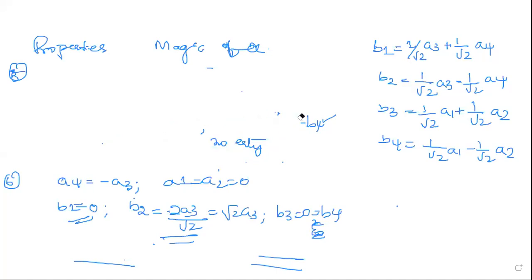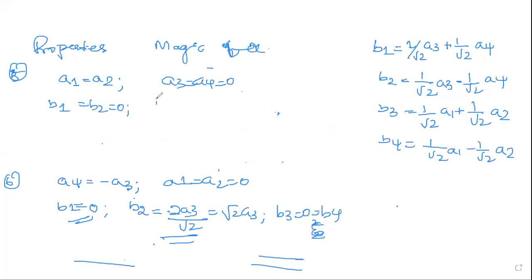Now you will consider port 1 and port 2 as the identical signal, so A1 will be equal to A2, whereas A3, A4 are match terminated, which are 0. So what will be the equation? Here B1 will be 0, B2 also will be 0.